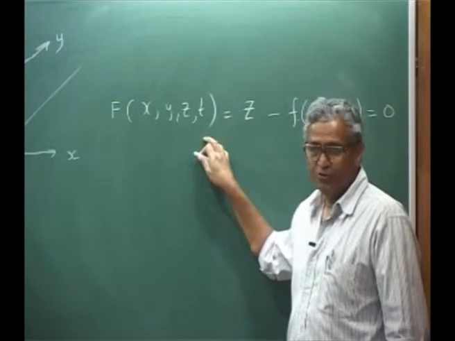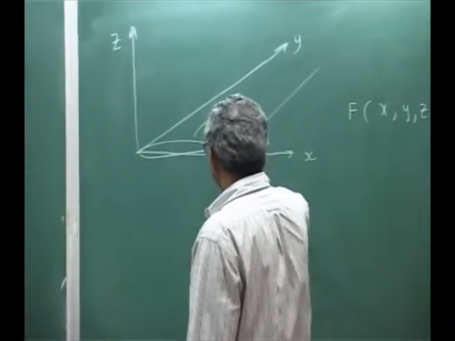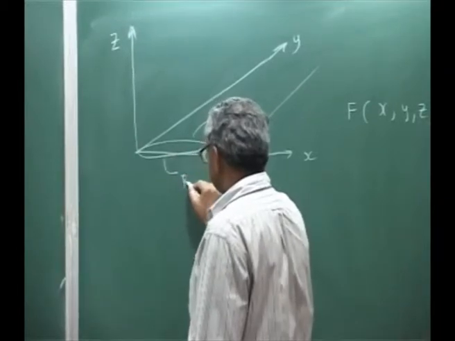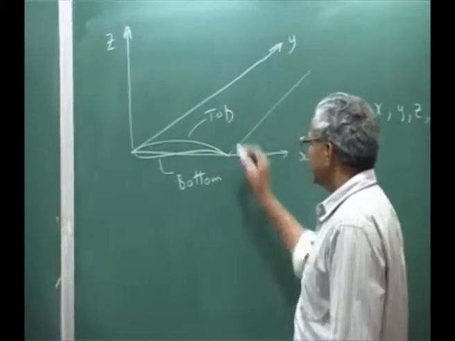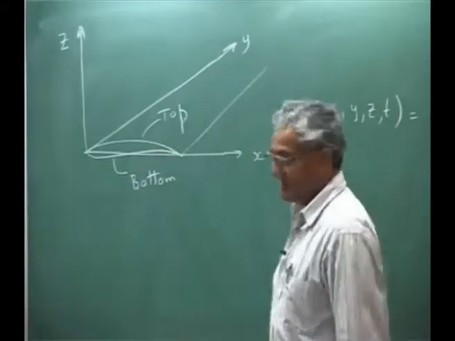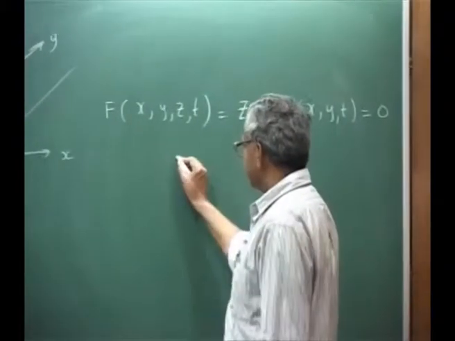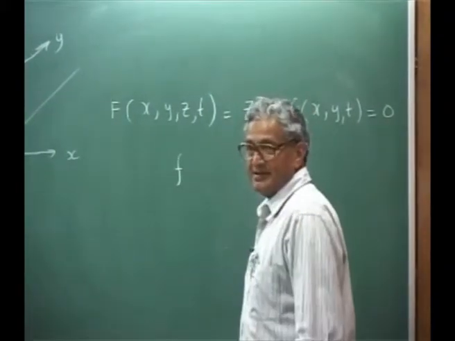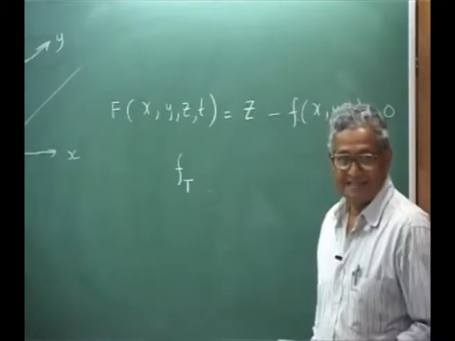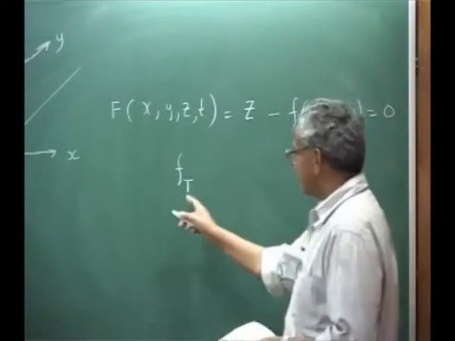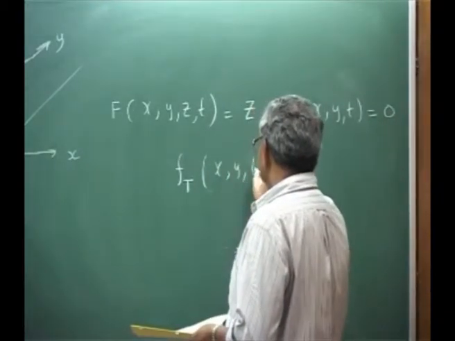Okay. Now you can have an upper surface or top surface, and this is the bottom surface. Now for the top surface, F T is for top surface, which will be a function of x comma y comma t.